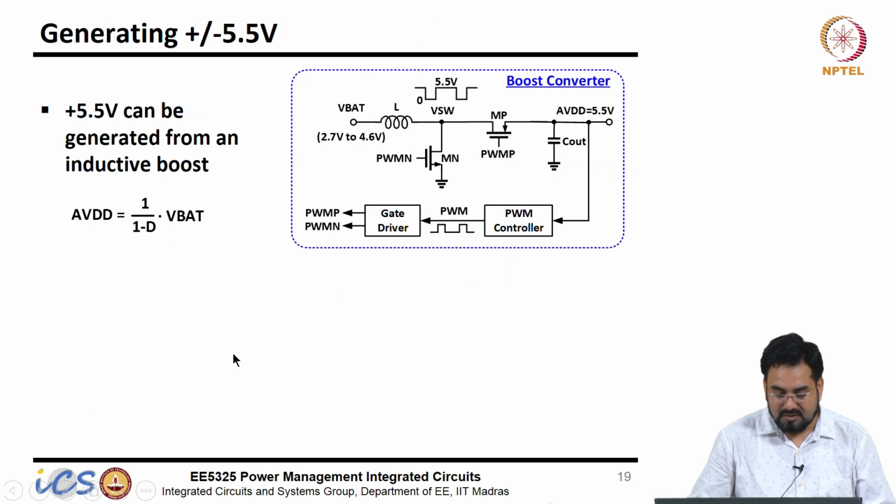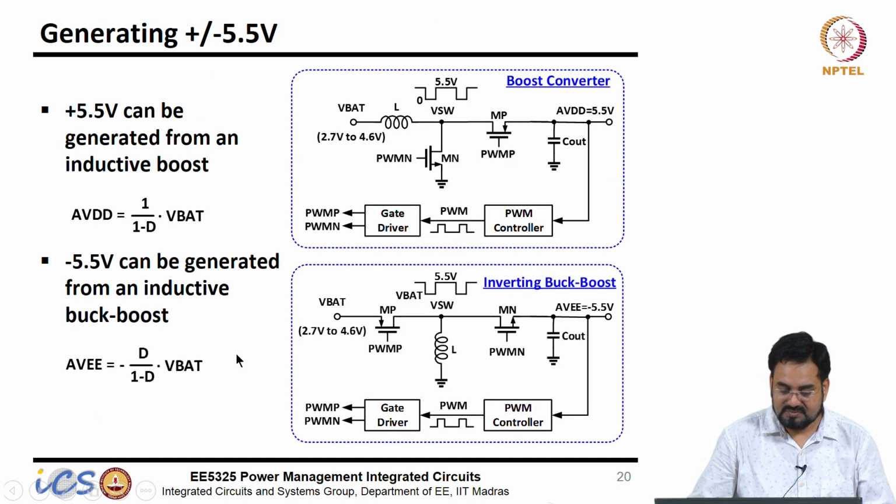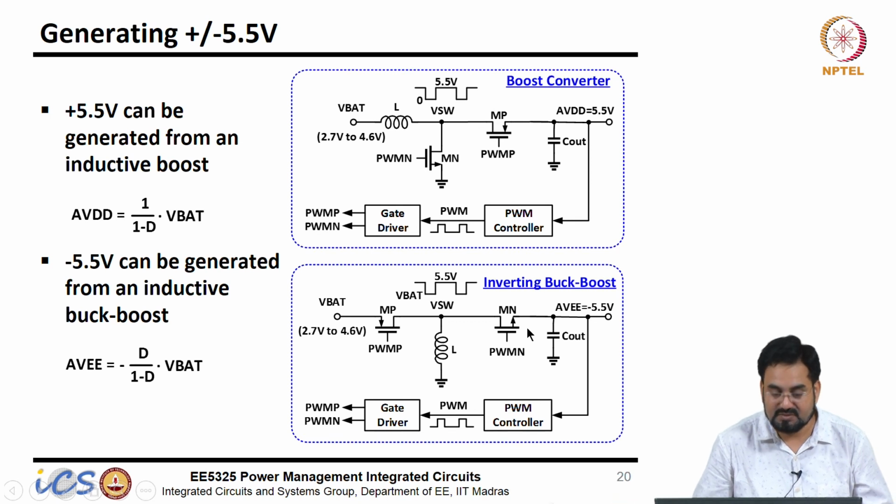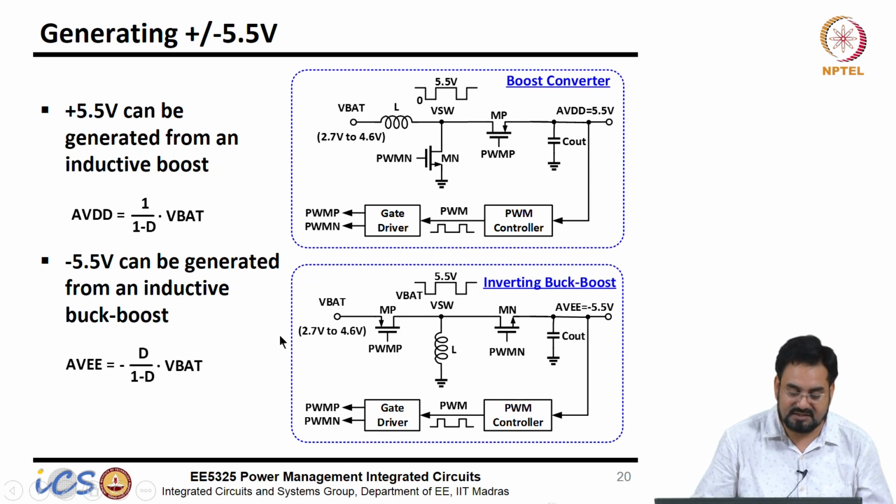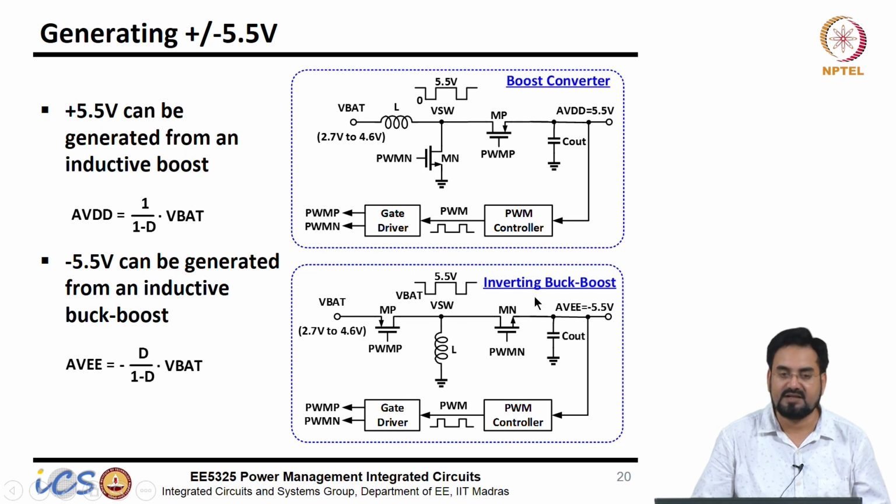Another possibility is we can use an inductive buck boost to generate the minus voltage. This is a bit expensive obviously, because it requires one inductor. The output voltage now will be minus D over 1 minus D, and your inductor is connected to ground. If you apply volt-second balance, you will get this expression. It's nothing but an inductive buck boost.